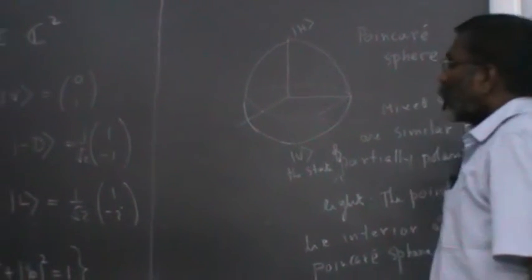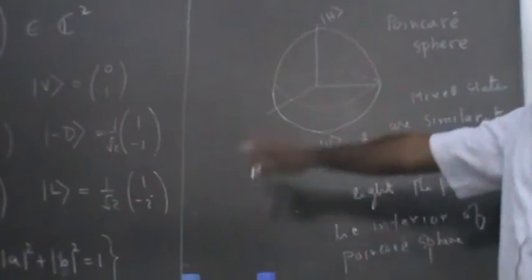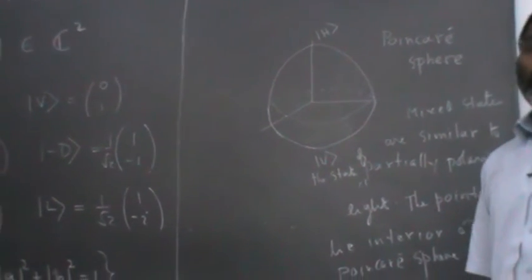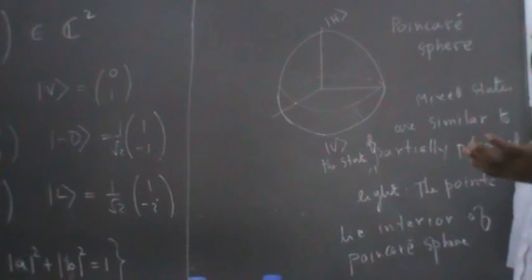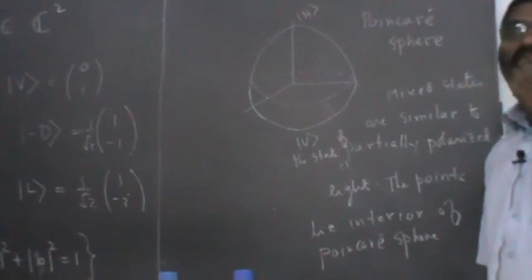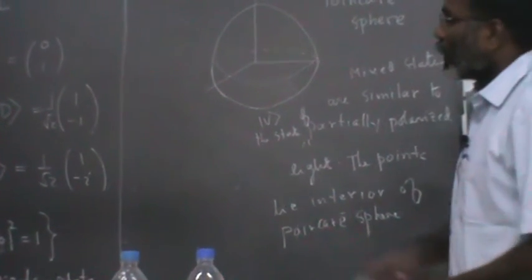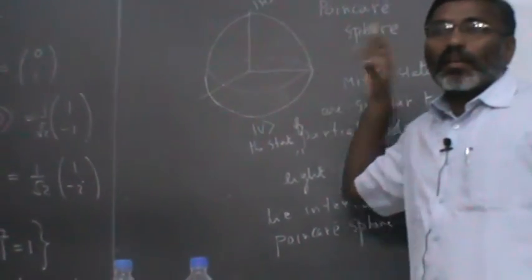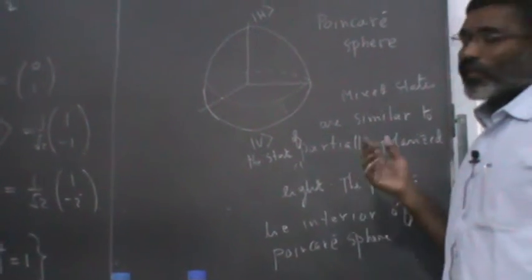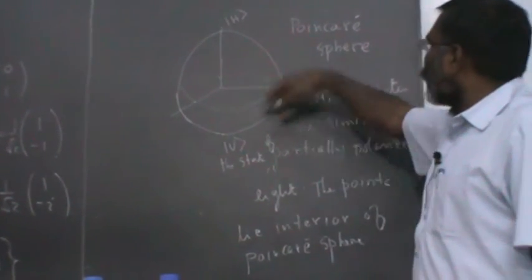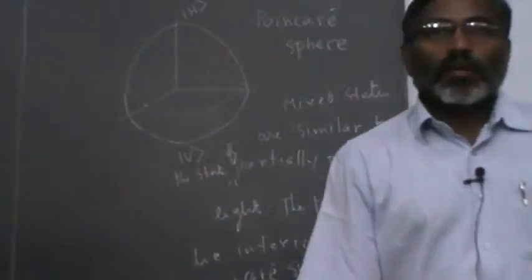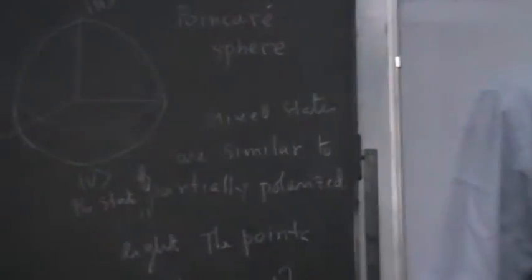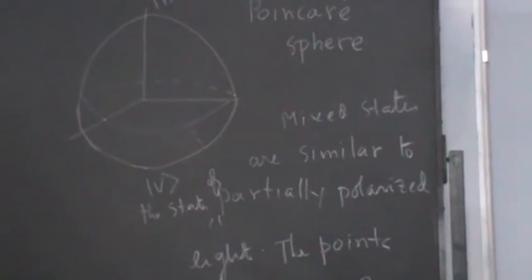Now in quantum mechanics, like the spin system, the algebra is exactly the same. But the spin system or any qubit, nowadays in quantum information we call it a qubit. If you take a quantum two-level system, the same sphere in this quantum mechanics universe is called the Bloch sphere. And mixed states are the interior of this sphere.